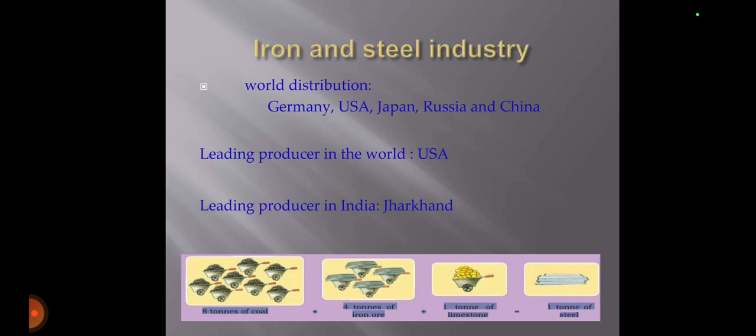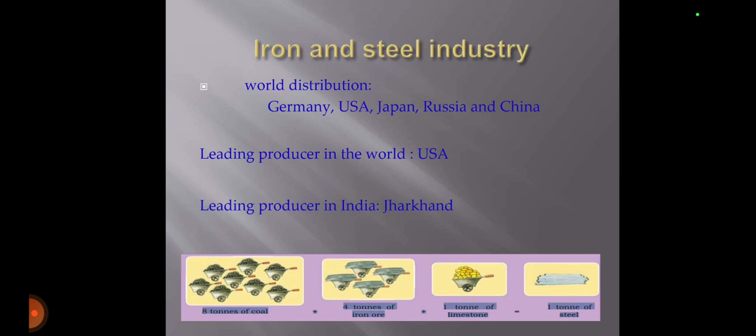World distribution: Germany, USA, Japan, Russia and China. The iron and steel industry is a major world industry. Leading producer in the world, USA, and leading producer in India, Jharkhand.